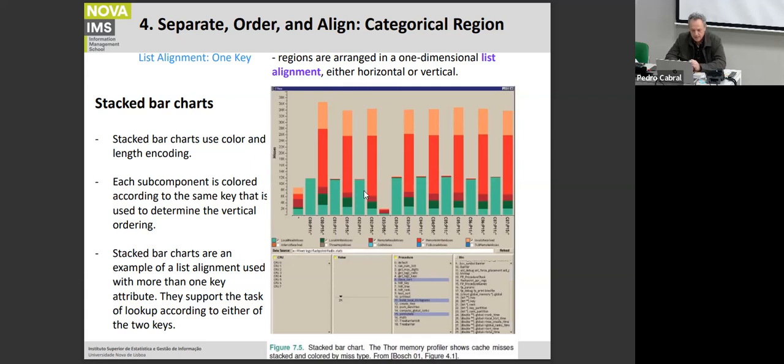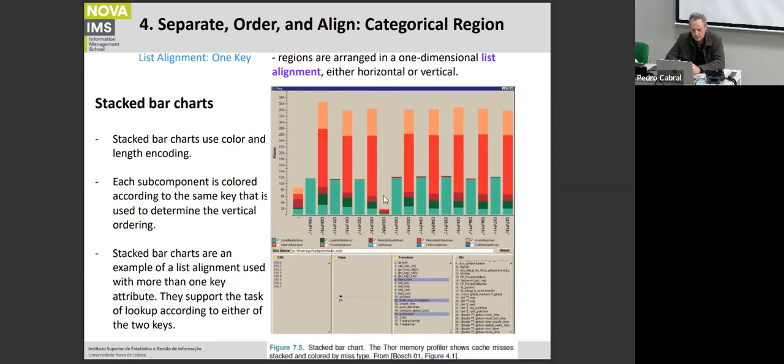So this can be interesting, but my suggestion is that if you use stacked bar charts, try to add labels with the values for each portion, if possible. Sometimes it's not possible because then the labels become illegible, okay? Because we are not so good at comparing sizes of non-aligned bars.